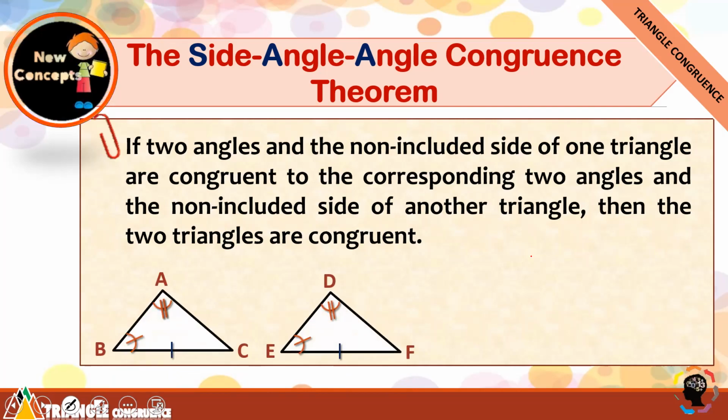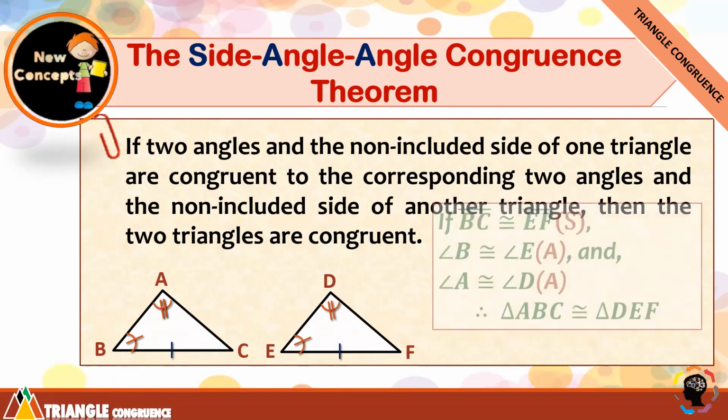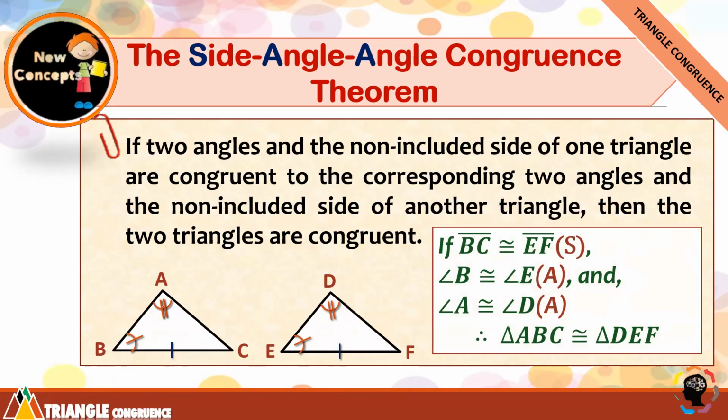So for example, BC is congruent to EF for the side. Angle B is congruent to angle E, and angle A is congruent to angle D. Therefore, triangle ABC is congruent to triangle DEF.